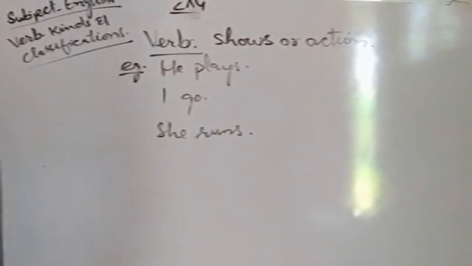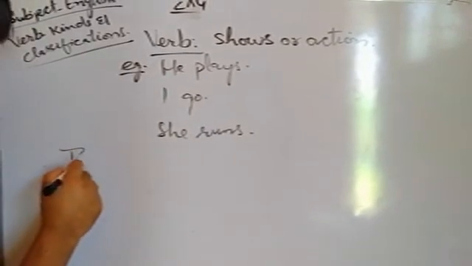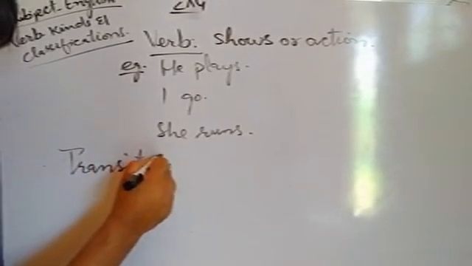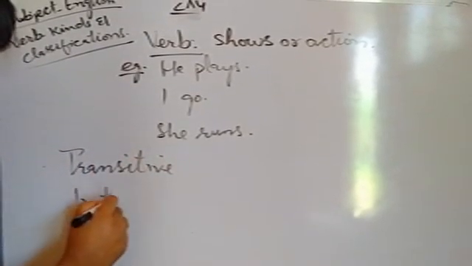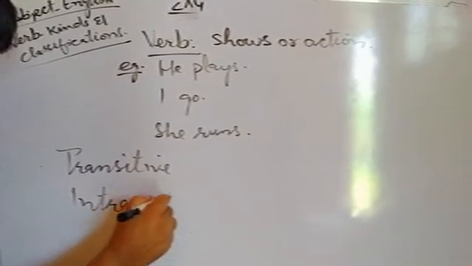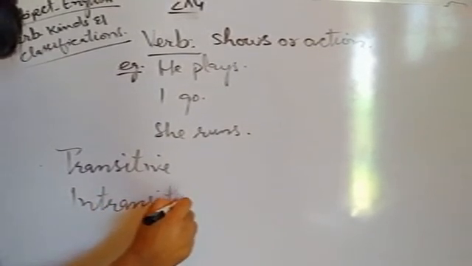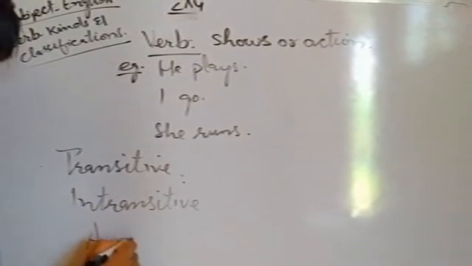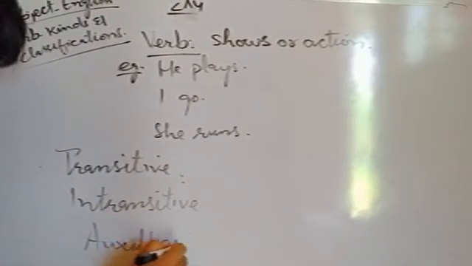Verb has three kinds. One is transitive, second is intransitive, and third one is auxiliary verb.